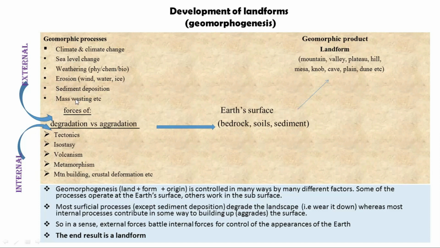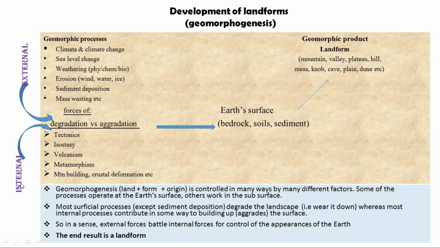These are climate and climate change, sea level change, weathering, which can be physical, chemical, or biological, erosion, sediment deposition, and mass wasting. You see, except sediment deposition, all the rest has to do with degradation of the landscape. So these are the forces of degradation.